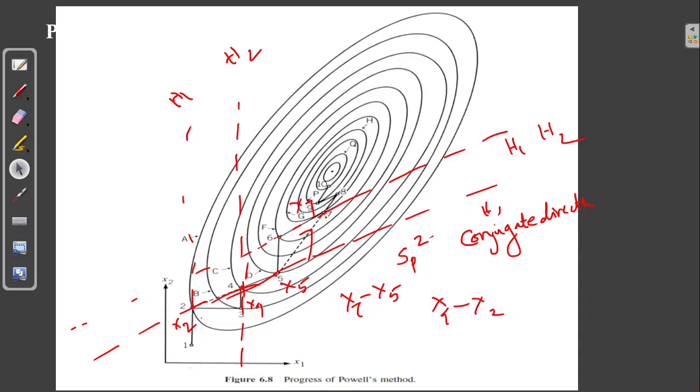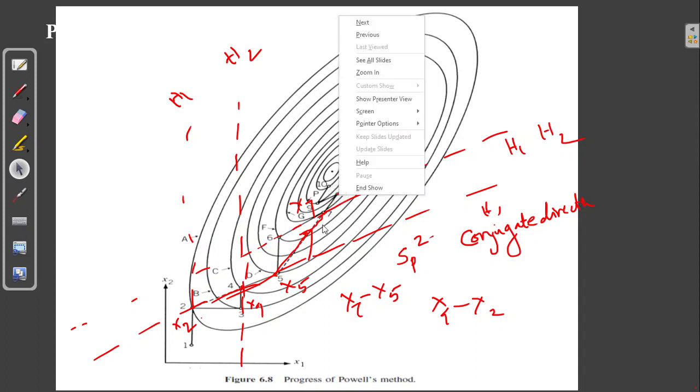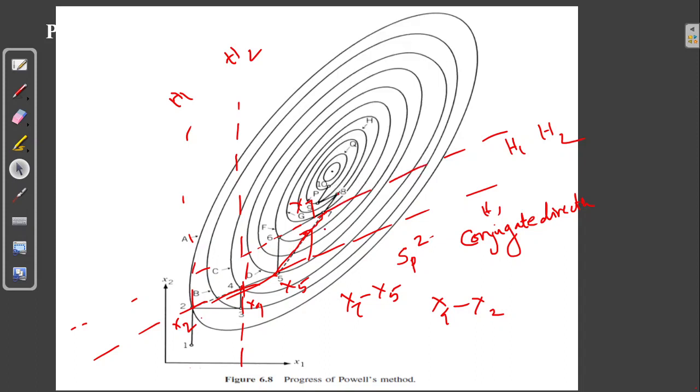From 7 to 8 the search has gone in this direction, so that we reached the 8th position.